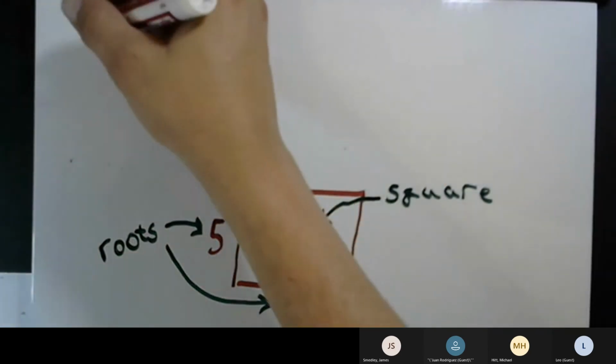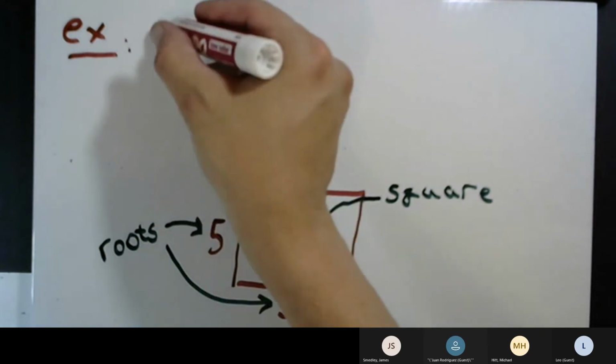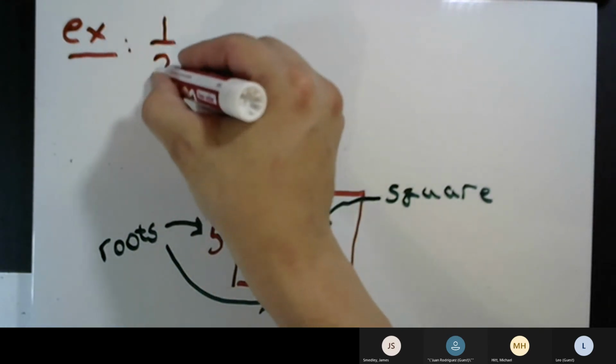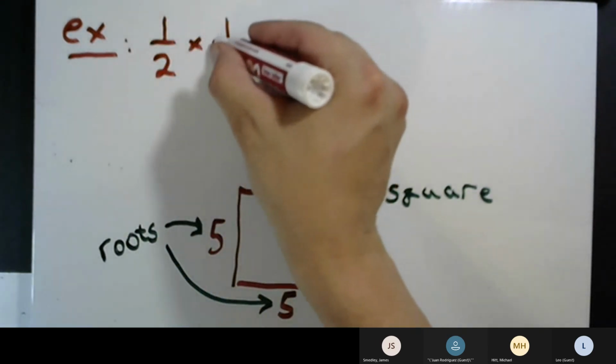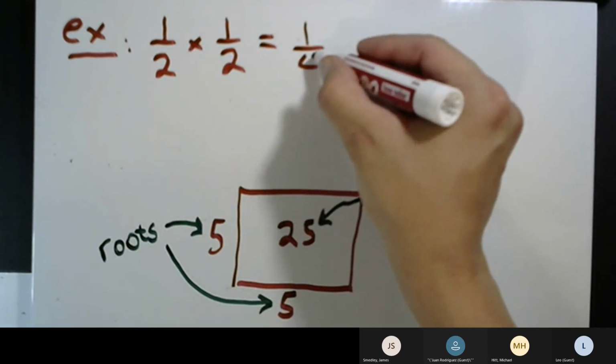So another example. One half times 1/2 equals 1/4.